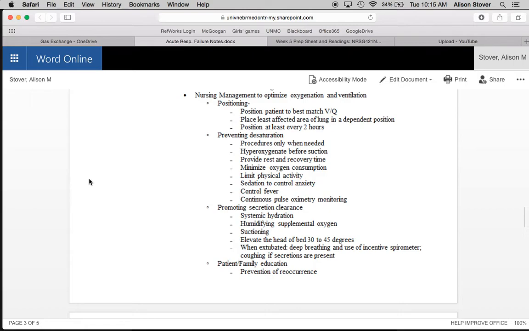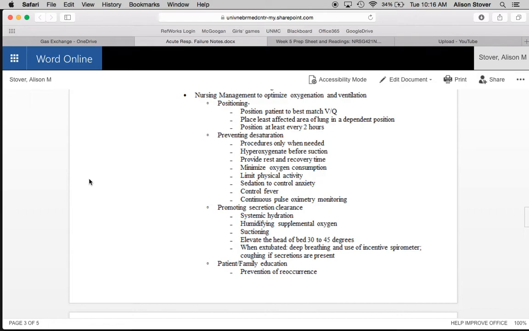So least affected lung down. Just remember that. Reposition the patient every 2 hours. Least affected lung down. I don't ever really remember doing this in practice. It's more of a stabilize and then reposition every 2 hours type thing. But this is what Erden says. This is what Colleen says. This will be on your exam.